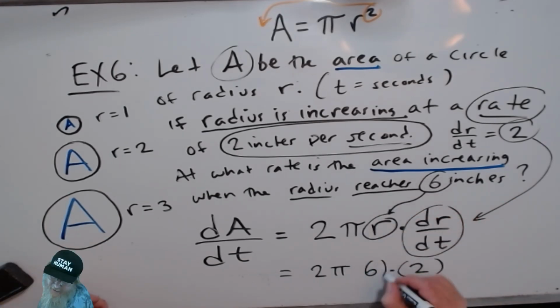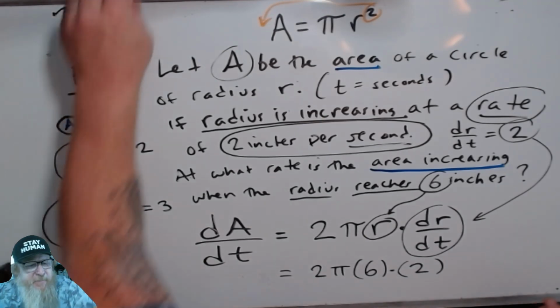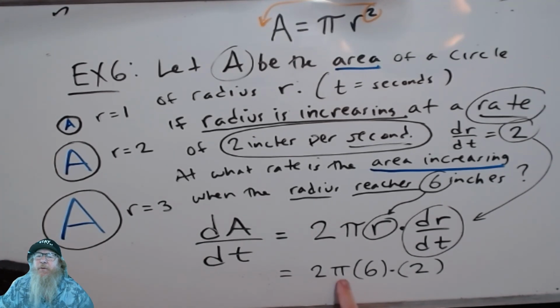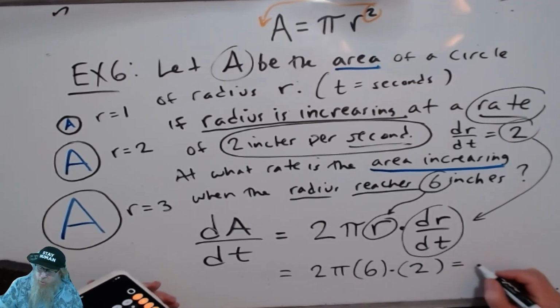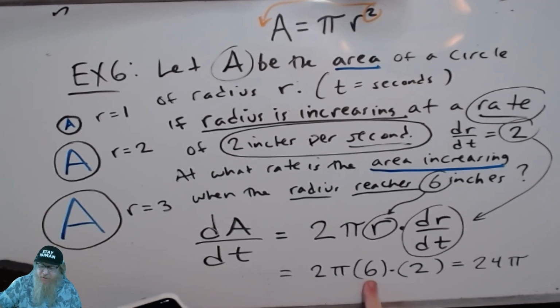So we're going to replace that with 6. Pi is a number, not a variable. So we've got to be really careful with that. Don't take the derivative of pi as if it was a variable. It's just a constant. So this is going to be 24 pi. 6 times 2 times 2.